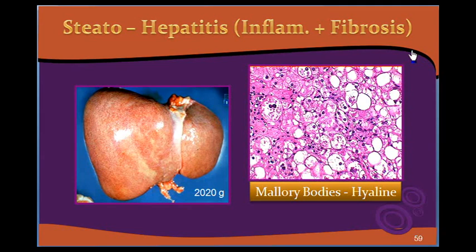Now, this is a slide of steatohepatitis. That means not only is there deposition of the fat, there is inflammation, inflammatory markers, inflammatory reaction, which will end up in some amount of fibrosis, and this is termed NASH, non-alcoholic steatohepatitis.